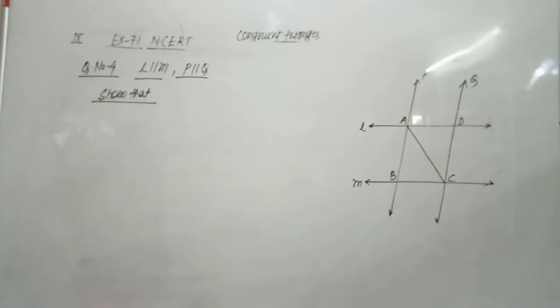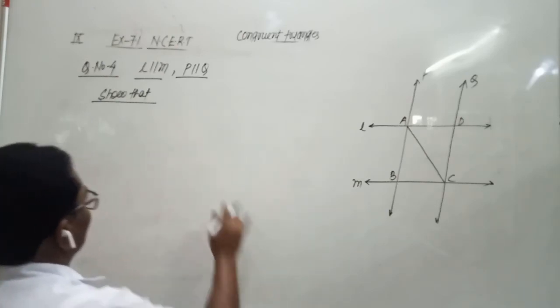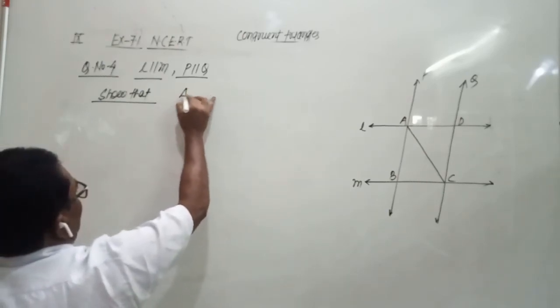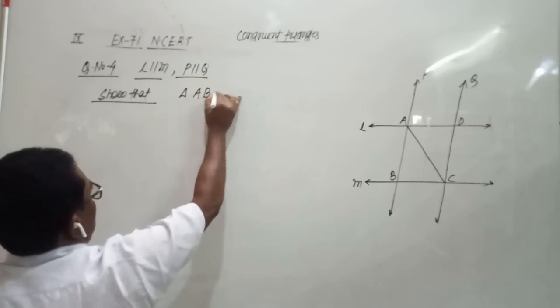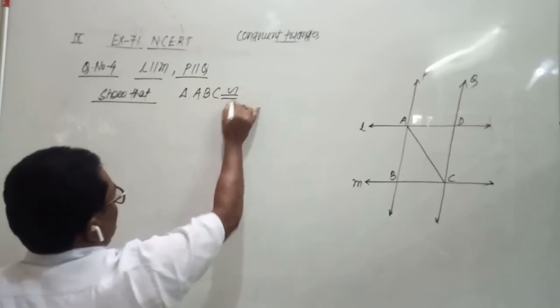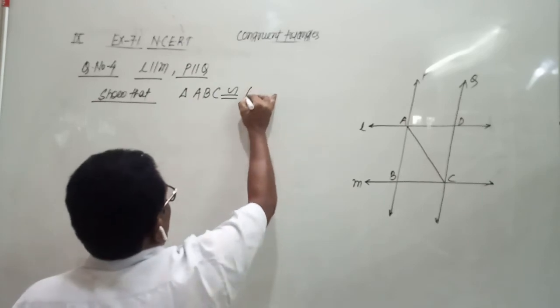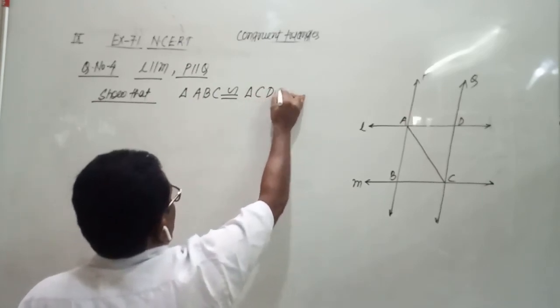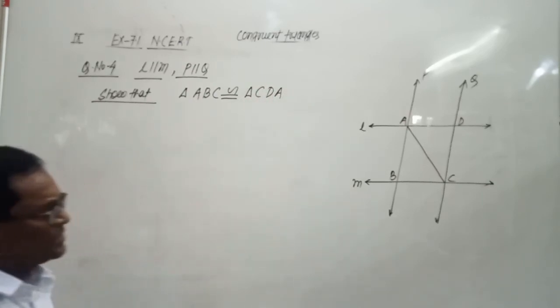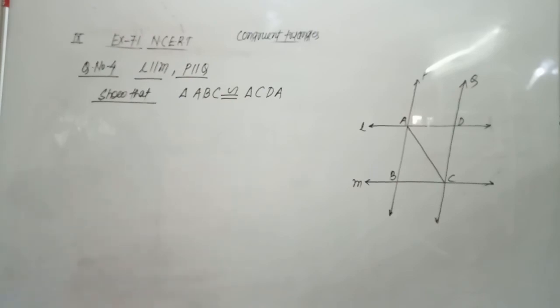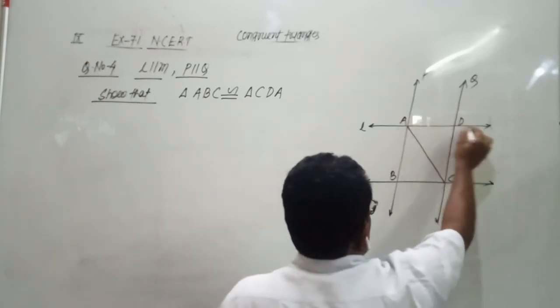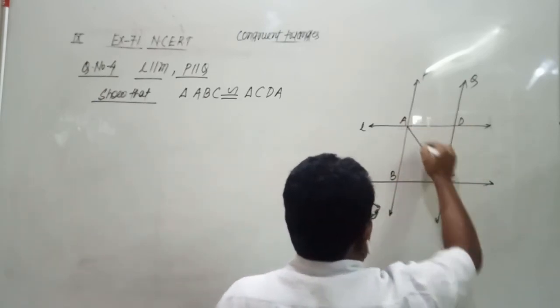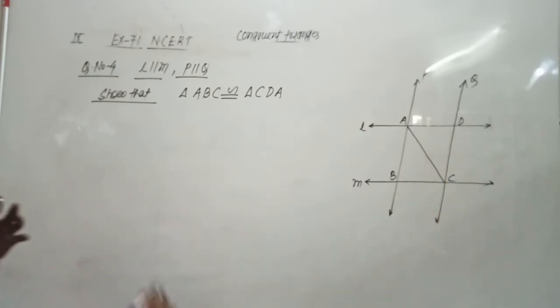Show that triangle ABC is congruent to triangle CDA.